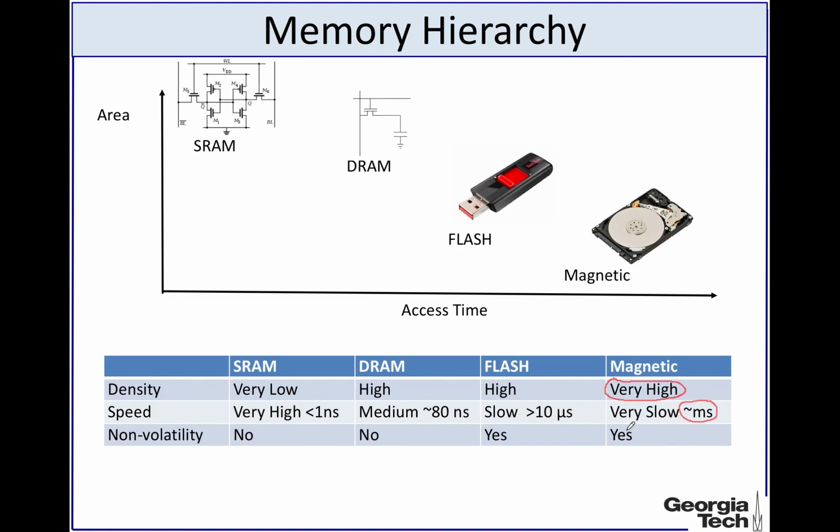And of course, magnetic hard drives are non-volatile, and the simple reason is that there is no concept of voltage in the magnetic drives, because the data is stored in the orientation of the magnetic domains, and the magnetic domain orientation will remain there irrespective of the power supply voltage, because the mechanism is completely different. It's not charge based, rather it's magnetic domain based.